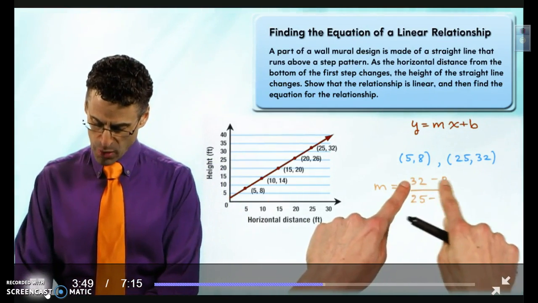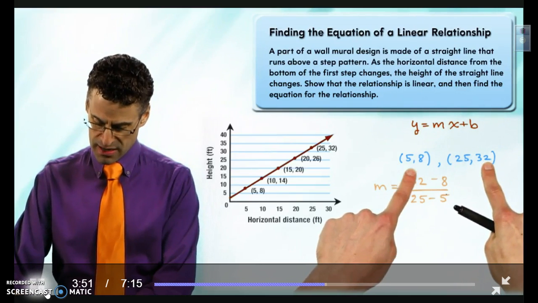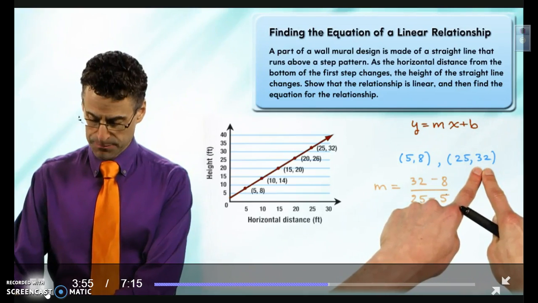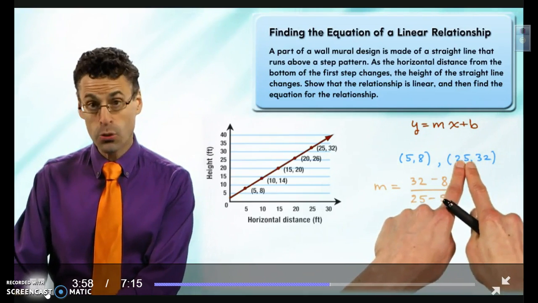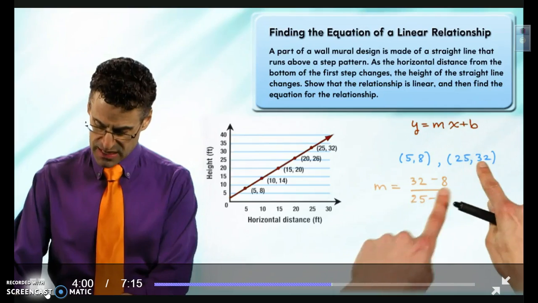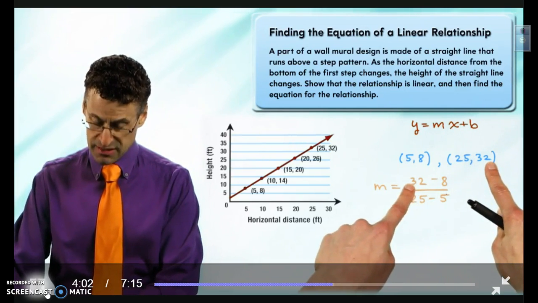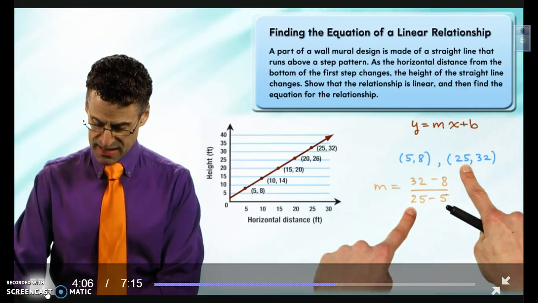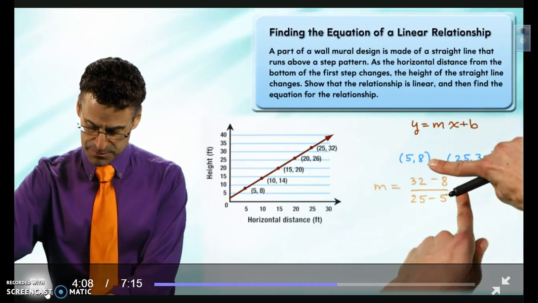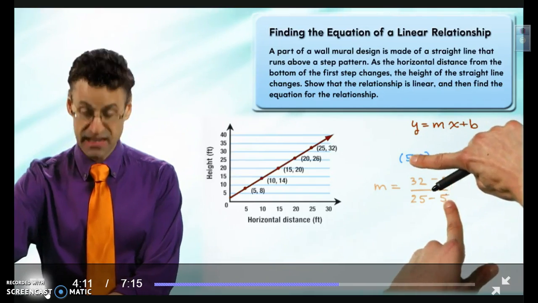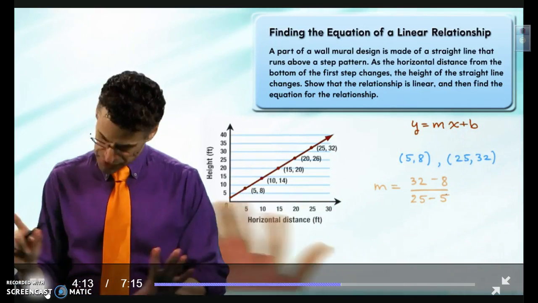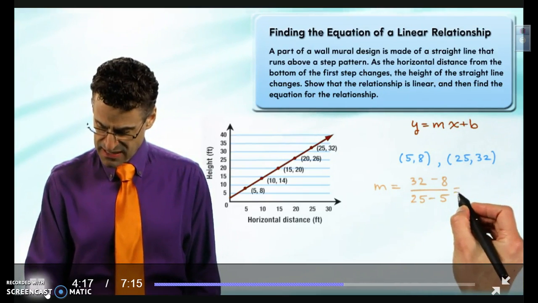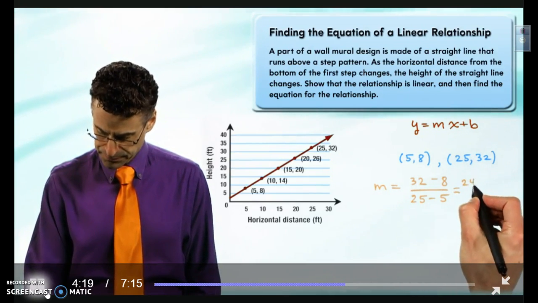We take the y values on top, and if I start with this ordered pair for the y's, I have to start with the same ordered pair for the x's. If the 32 gets top billing up front, then the 25 has to get top billing downstairs, and if the 8 gets second billing, then the 5 gets second billing. As long as you're careful, you always get it right. So what does this equal? Well, 32 minus 8 equals 24.